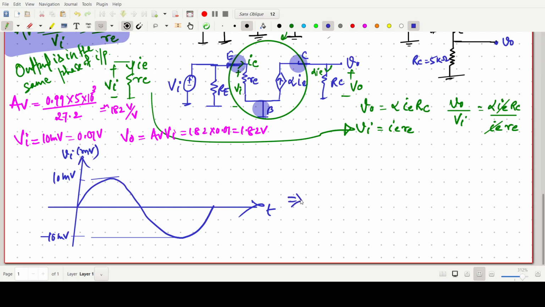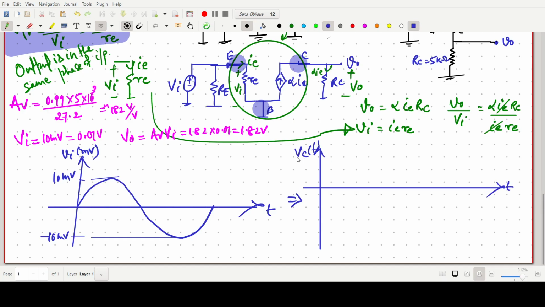Then the voltage across the collector, in time domain. But before that, I want to show you the voltage across the collector side.